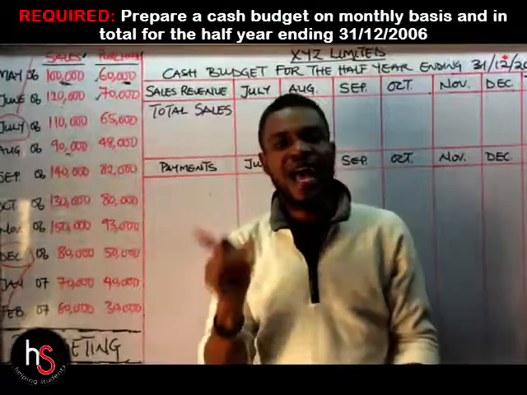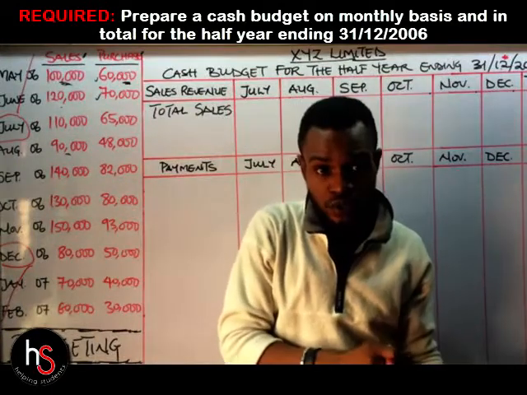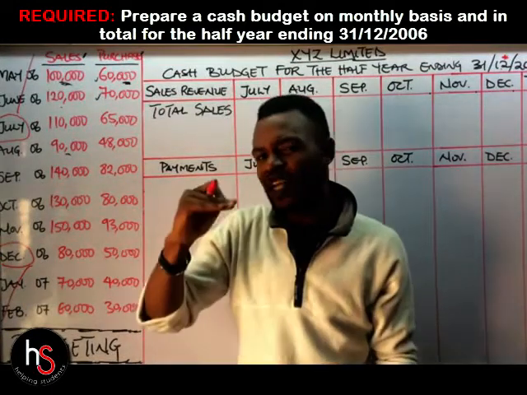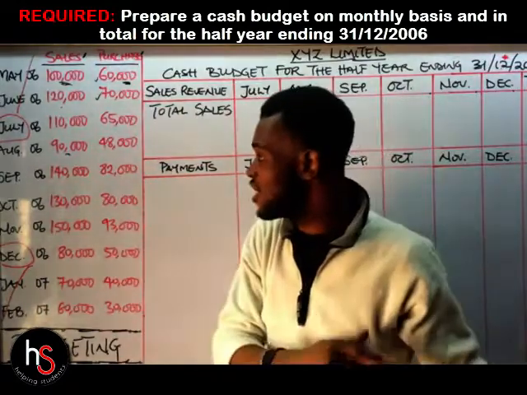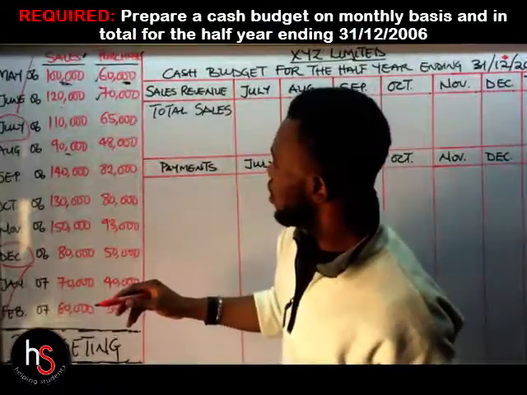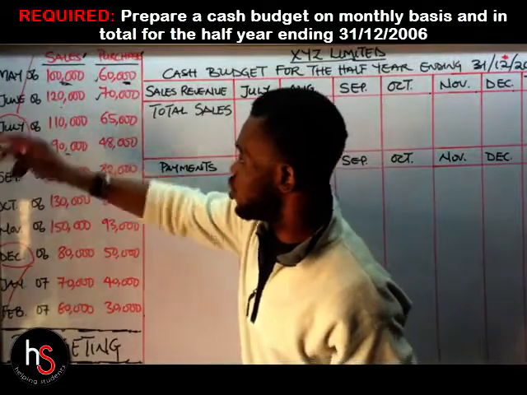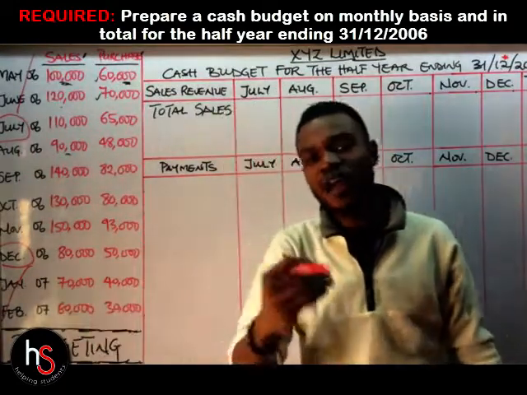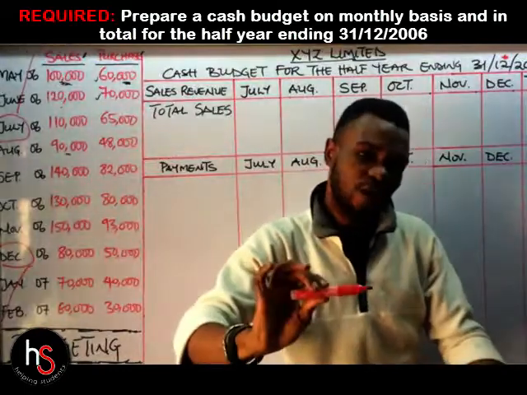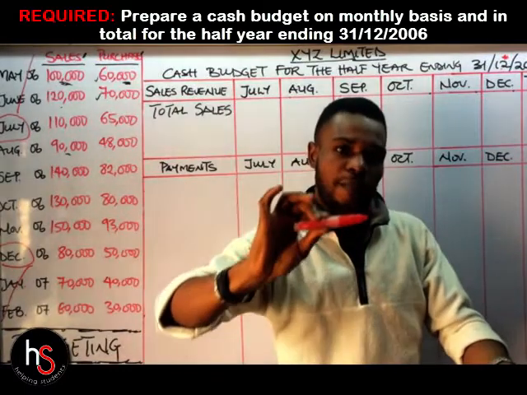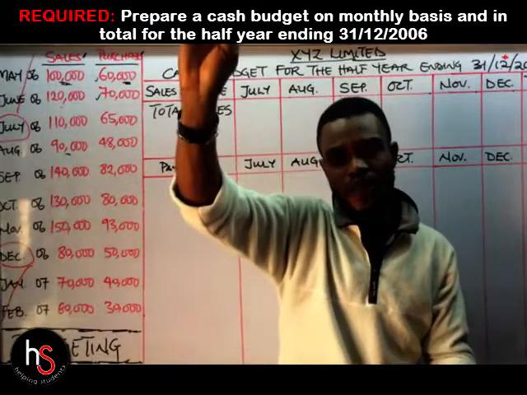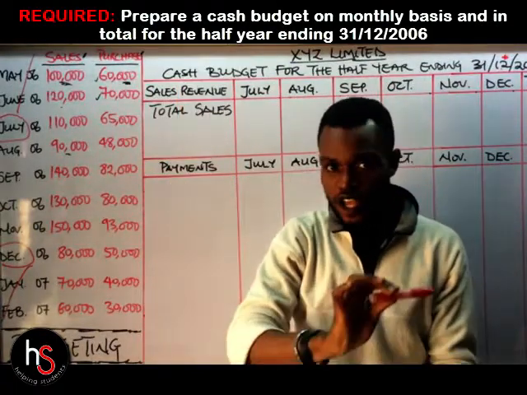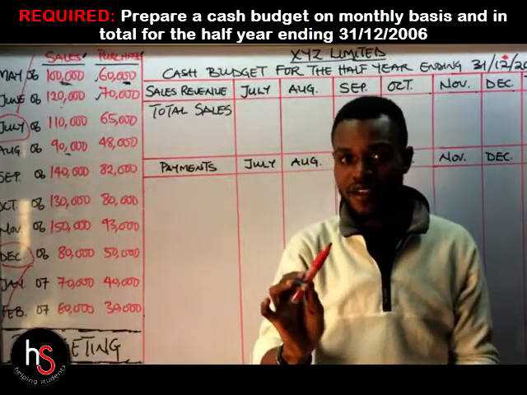If they told us half year ending June, then you start from June and count 6 months. If in other questions they tell you half year ending June, you start from June and go back until you get to the 6 months. Then you have to know that the period up to that June is your month of significance.